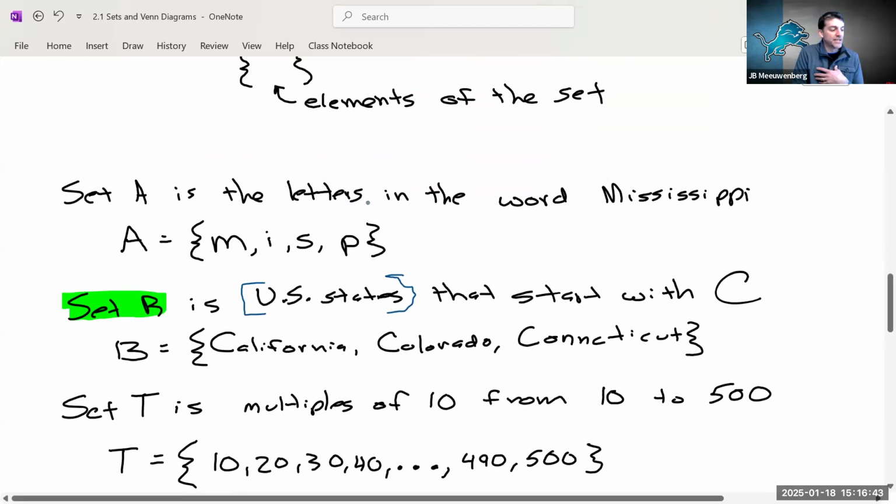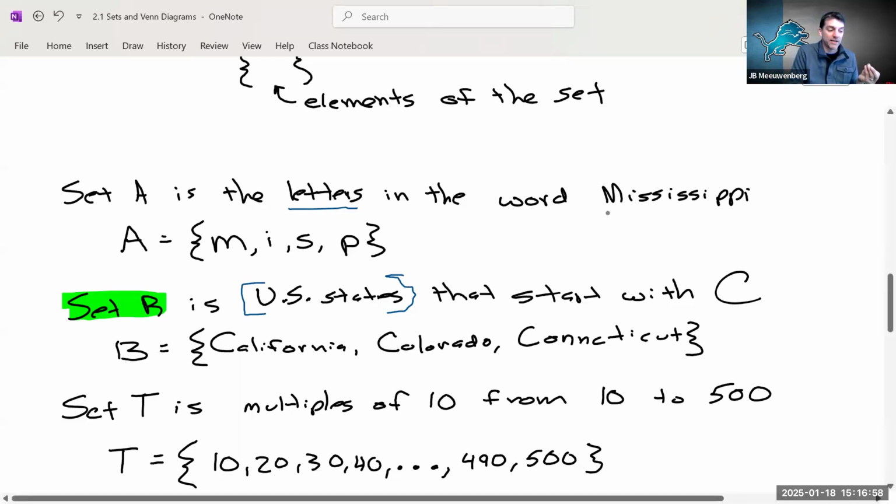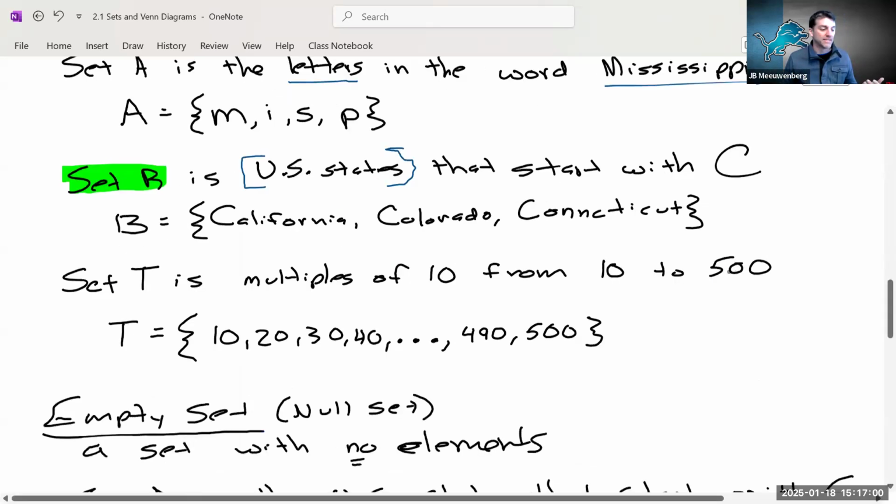Maybe this one, set A, is the letters in the word Mississippi. So we're talking about letters, part of the English alphabet. So in that case, the universal set would be considered all of the letters in the English alphabet. We were just focused on the ones in the word Mississippi.